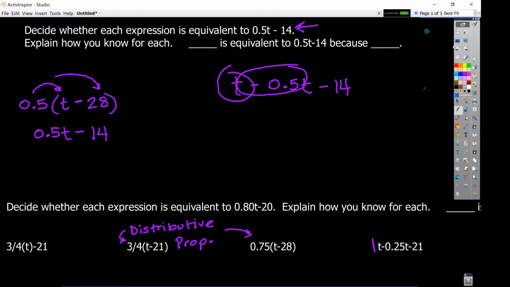Now remember, there is a 1 in front of this t. That's just how it is in algebra. If there's ever a 1 in front of a variable, they're not going to write it in. So 1 minus 0.5. What is 1 minus 0.5? What's 1 minus a half? A half.